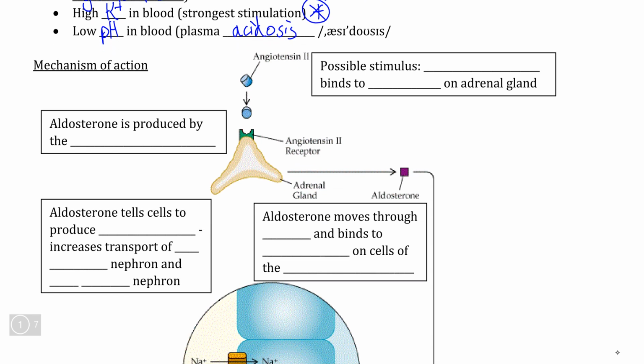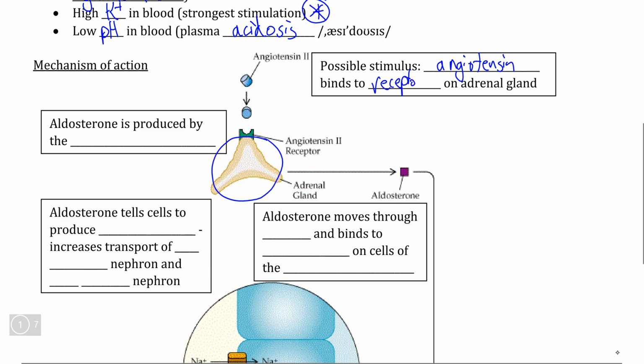So if we look at the mechanism of action, we're going to use probably the most easy to understand visually of our possible stimuli, that being the regulatory hormone angiotensin binding to a receptor protein that we find on the glands that are responsible for aldosterone production, which are also the same glands responsible for producing adrenaline, the adrenal glands.